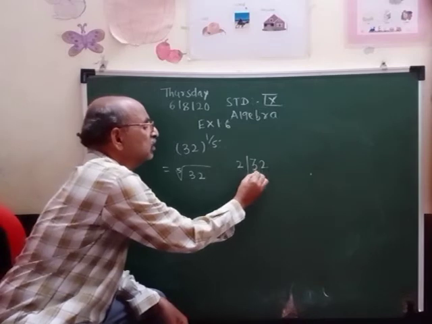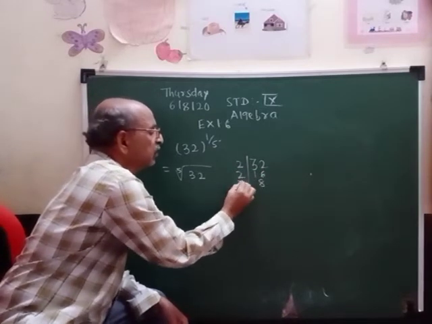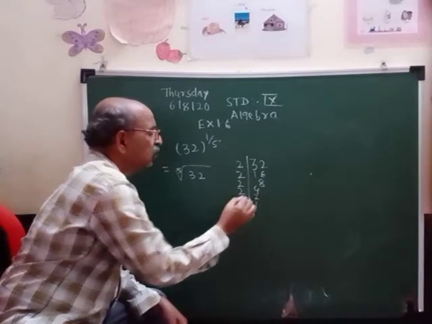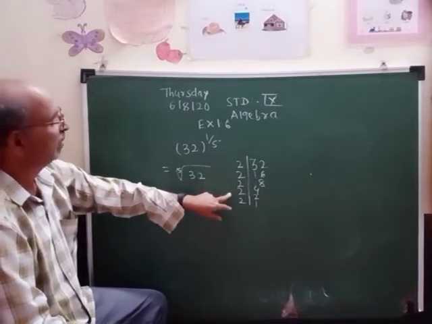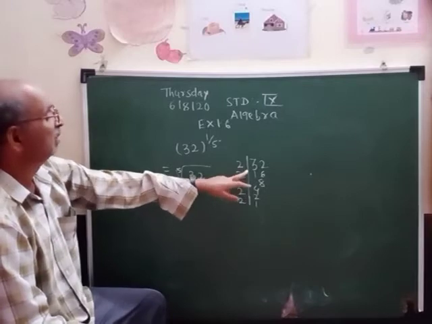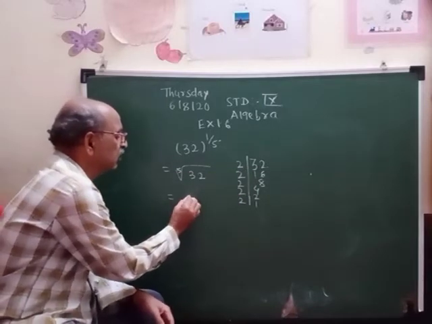So 2 sixteens are 32, 2 eights are 16, 2 fours are 8, 2 twos are 4, and 2 ones are 2. Now you see 1 2 3 4 5, the number is the same. So how many times do we multiply? 5 times, then the answer is 32. So the fifth root of 32 is 2.